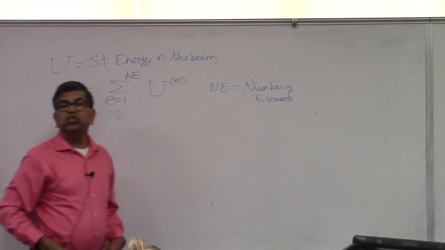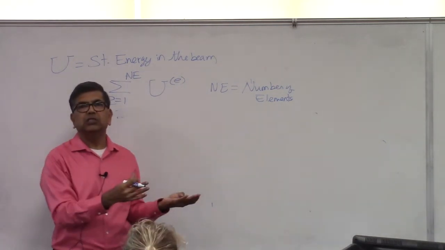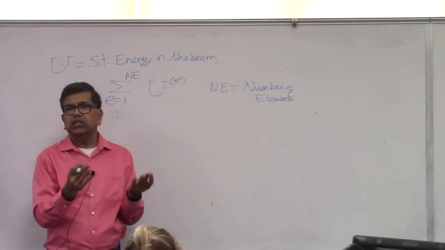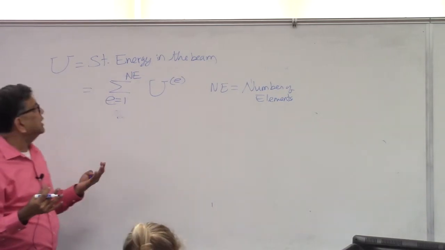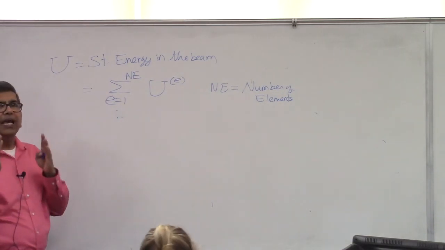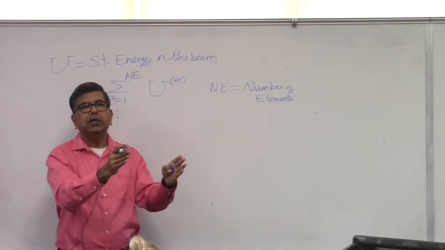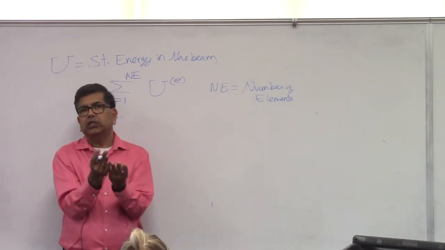This is the beauty of energy methods. I can add energies. Vectors and tensors are very difficult to add, whereas energy is a scalar quantity. I calculate energy in each element and then add them. That is the total energy in the beam.